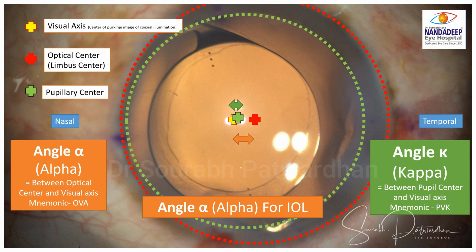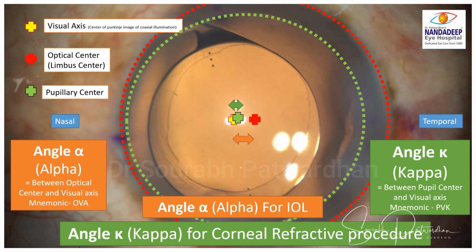Now angle kappa is more relevant for corneal refractive procedures, because for those we take the pupillary margin or the pupil as the reference. So if you want to center on the visual axis, you have to consider angle kappa for corneal refractive procedures.